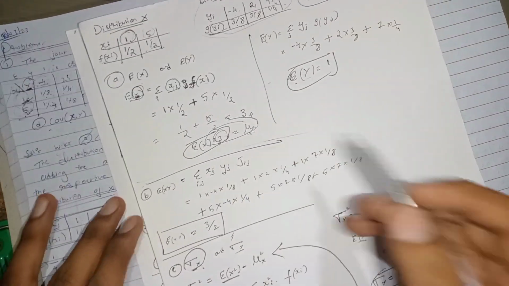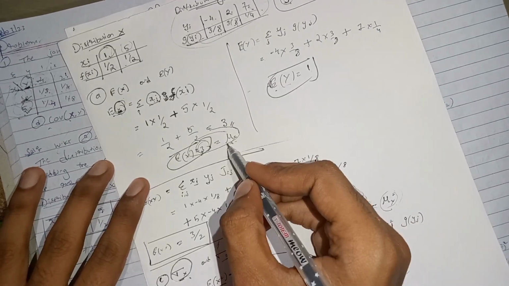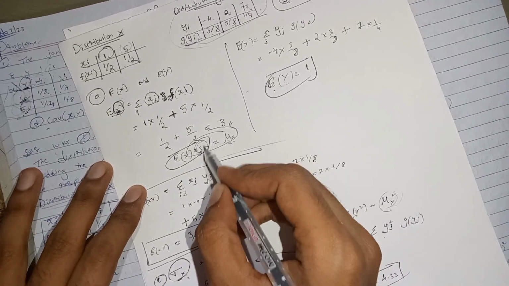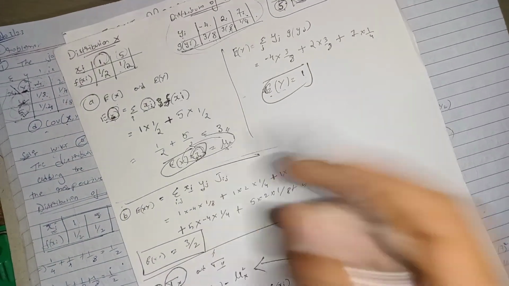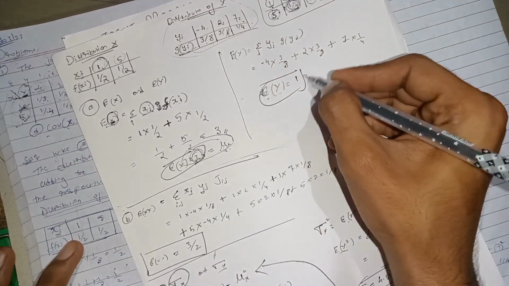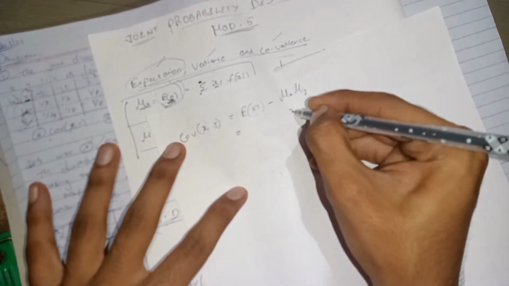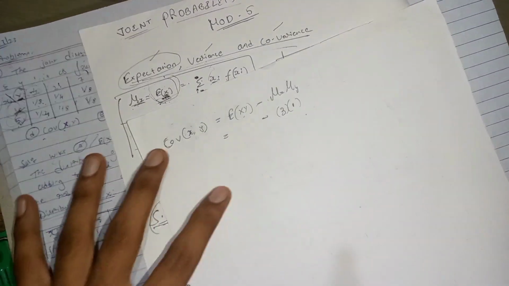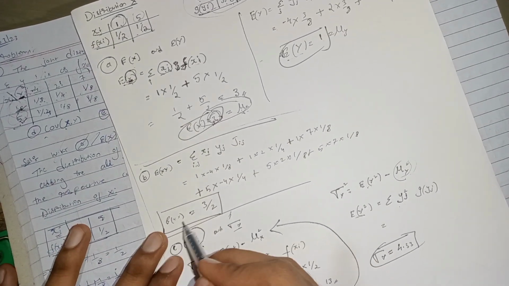Mu of X, that is E of X, both are the same, and it is equal to 3. We had got the value 3 for mu of X, and E of Y, which is mu Y, is 1. We substitute: mu of X is 3, mu of Y is 1. Minus E of XY, which we calculated in our previous video, is 3 by 2.